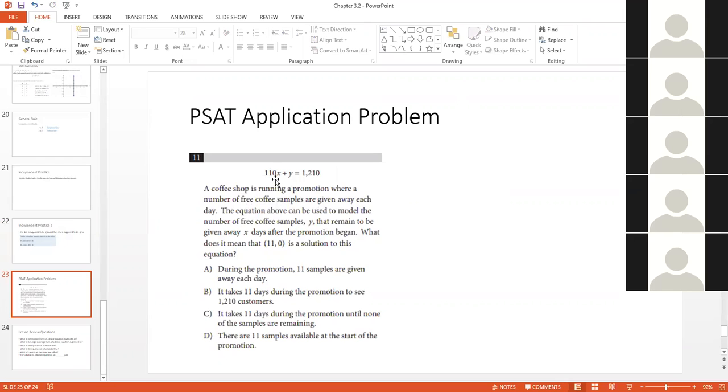The equation above, 110x plus y equals 1210, can be used to model the number of free coffee samples, y, that remain to be given away x days after the promotion began. These are the days. What does it mean that (11, 0) is a solution to this equation? So being given what y means and what x means, what is the answer to this question?